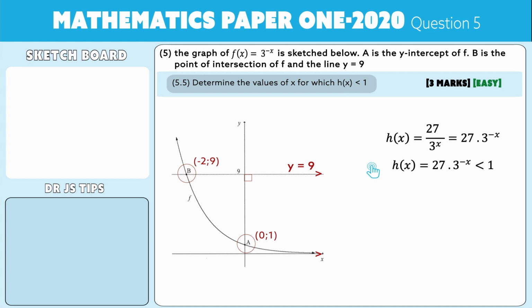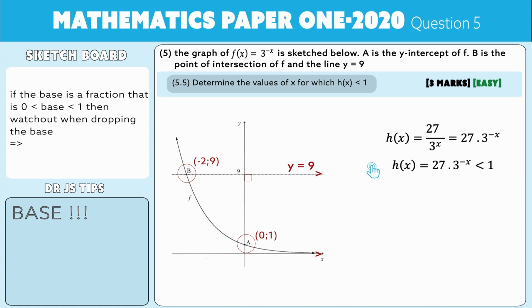Okay, let's see. Our bases, now this is very important. On your sketchboard, folks, please look at the powers. I'm going to put it in the tips. Look at the base. The base is very important. If the base lies between 0 and 1, so if the base is a fraction bigger than 0 but smaller than 1, then you must watch out when dropping the base.